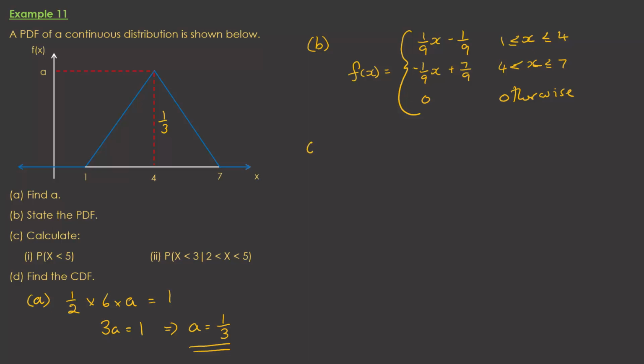So now for part C. And in C1, we want to work out the probability that x is less than 5. So we know that the area we want is going to be this area add this area.